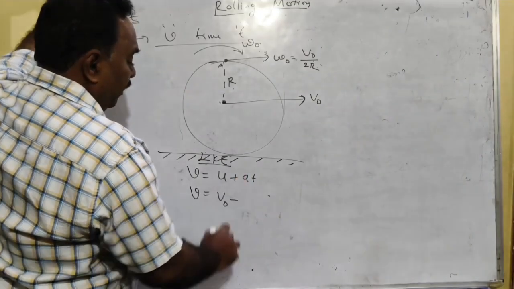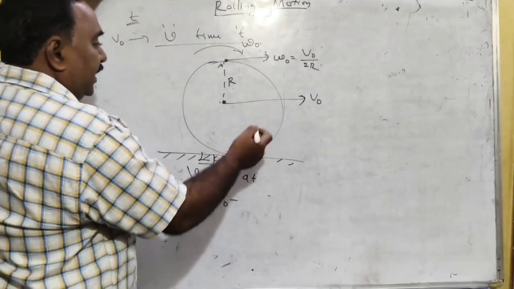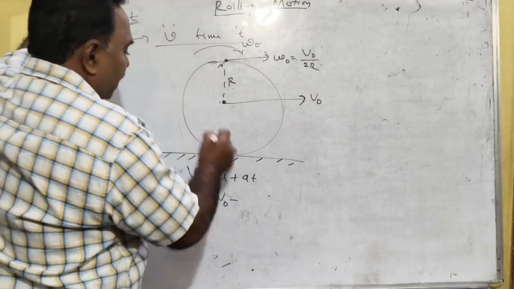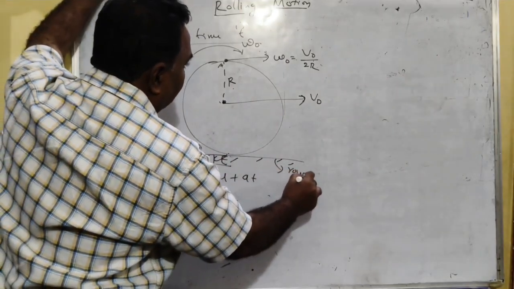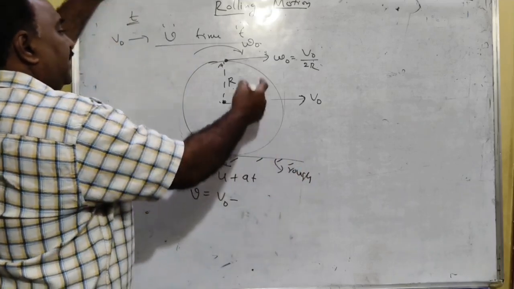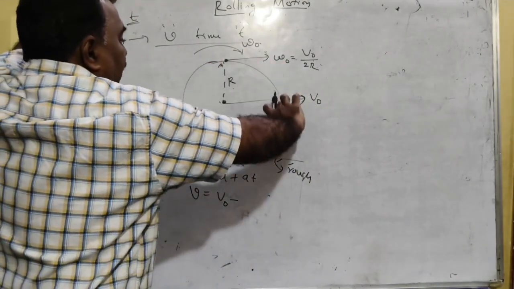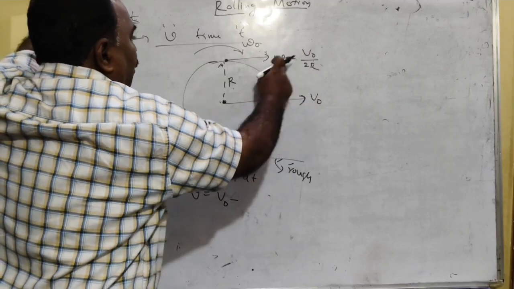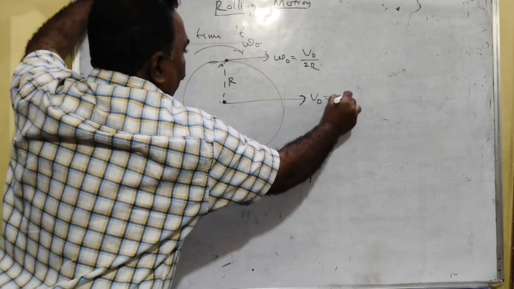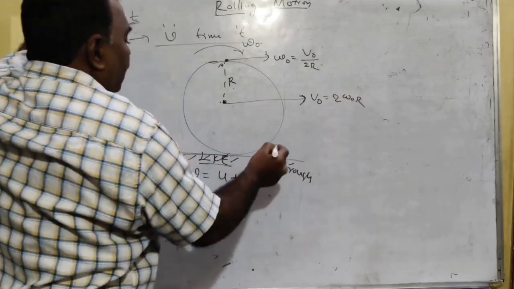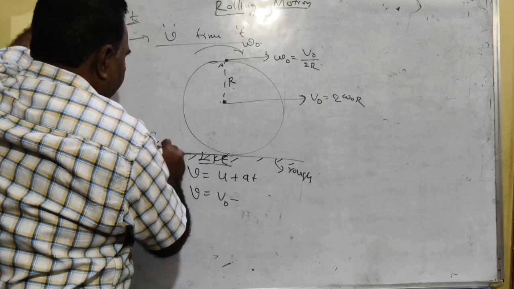A means acceleration, and the acceleration here is negative. Why negative? Because of the frictional force. This is not a smooth surface, it is a rough surface. Because of the rough surface, the body is not in pure rolling motion. Since V naught is equal to 2 omega naught r, the body slips forward. Therefore, frictional force acts backward.